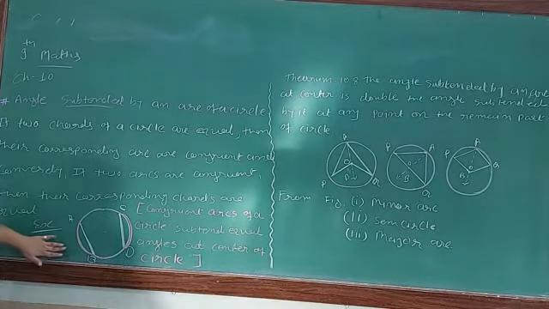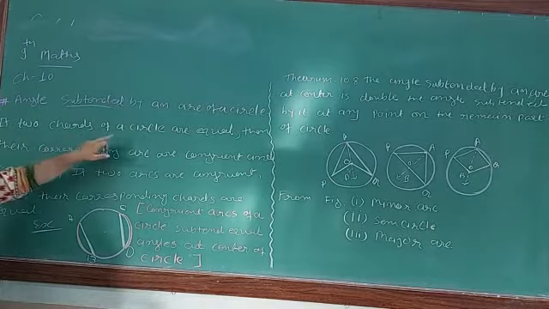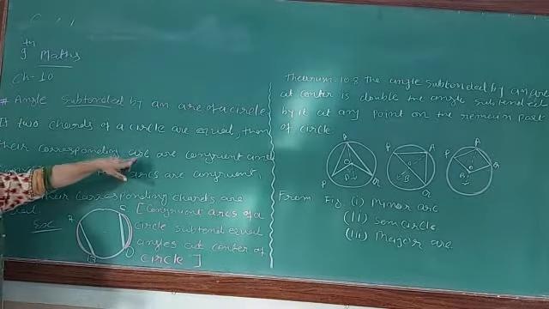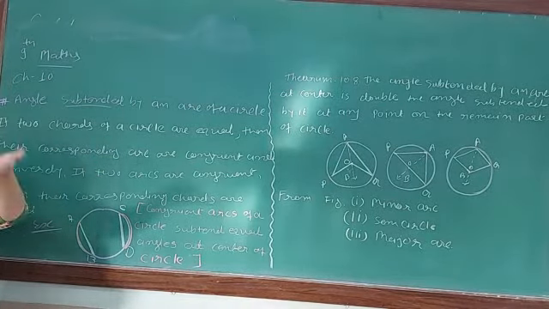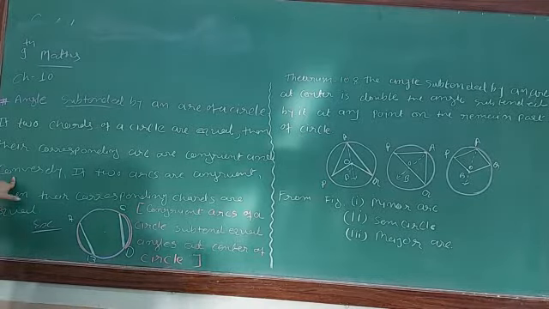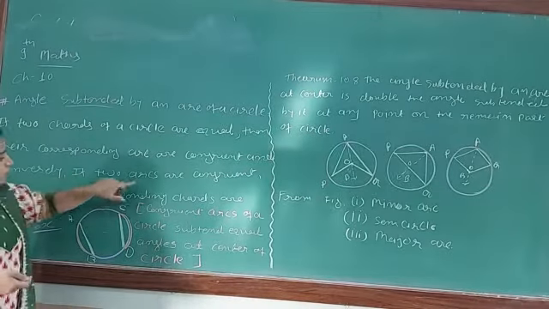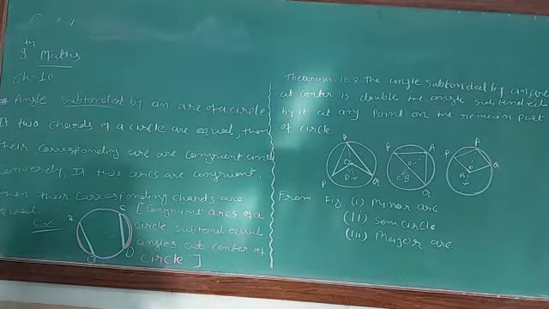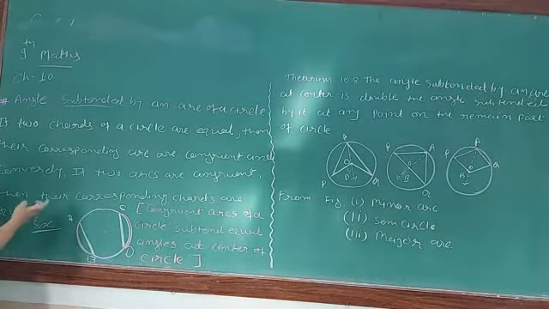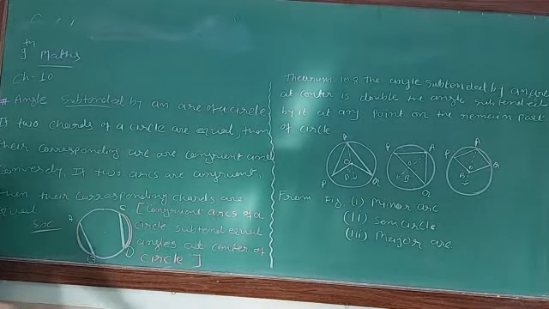I hope you got that point. If two chords of a circle are equal, then their corresponding arcs are congruent. Now you know the meaning of congruent, almost similar. And conversely, if two arcs are congruent, then their corresponding chords are equal.